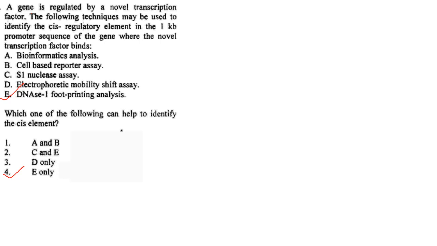But here it is nearly 1 kb, so it cannot be used. DNase I footprinting analysis. Yes, it can be used because it is used for scanning a large DNA fragment for protein DNA interaction. So answer is option E. E only. Answer is option 4.